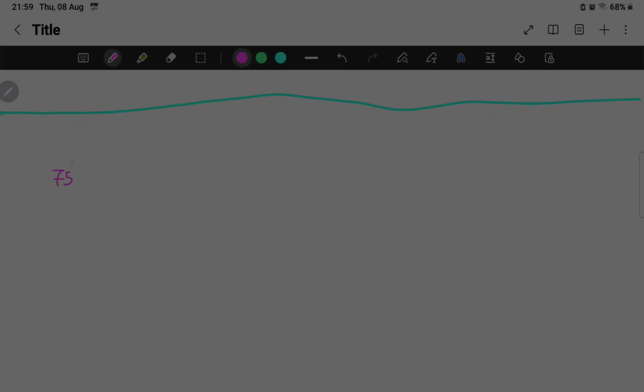So we have 75 and 5, 15 and 14 and 18 and 16 and 12 and 90.